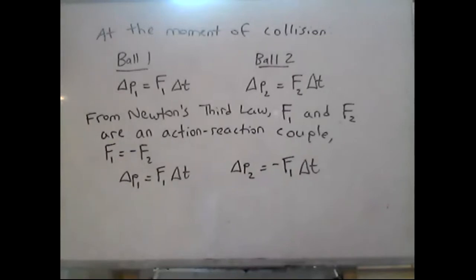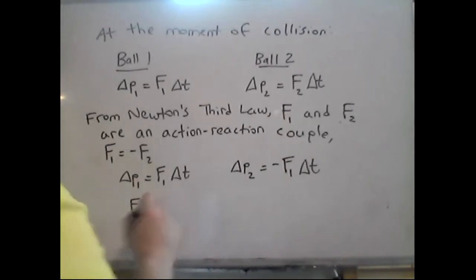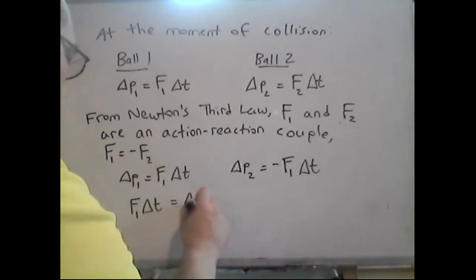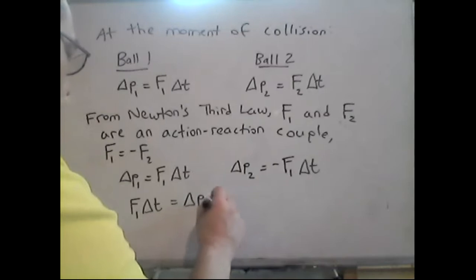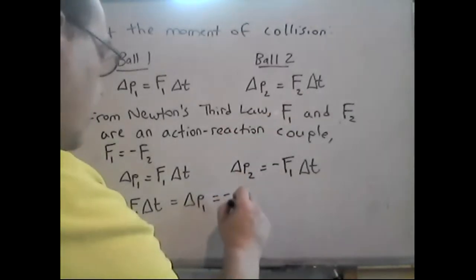And now what I can do is I can solve both equations for F1 delta T. Okay, they're common. Delta T is the same, and F1 is the same. Well, that's equal to delta P1, but that's also equal to negative delta P2.